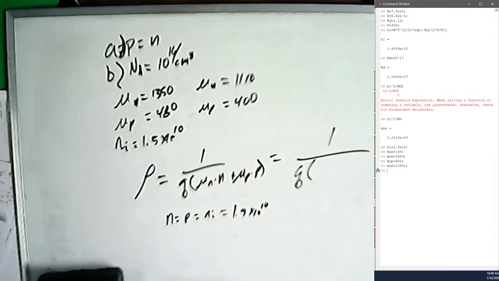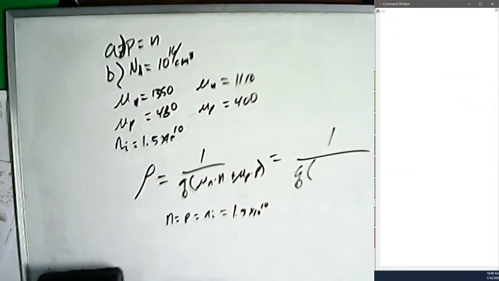And then q is equal to 1.6 times 10 to the negative 19. We're going to do exactly what we have here: 1 over q times (mu n times n i plus mu p times ni).